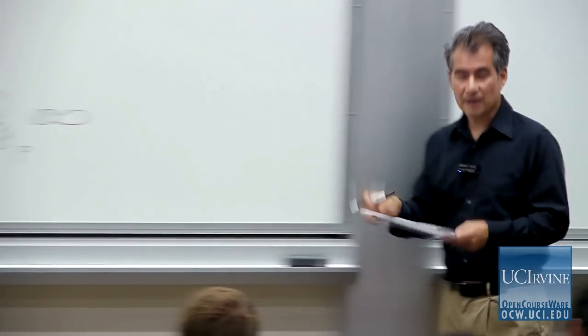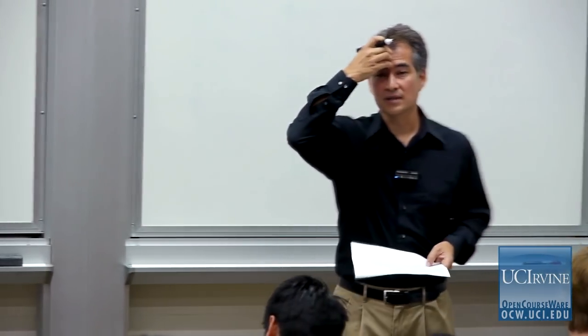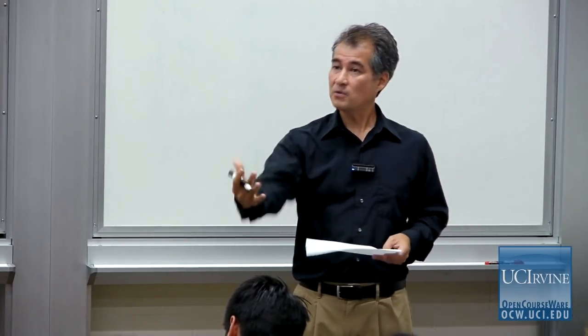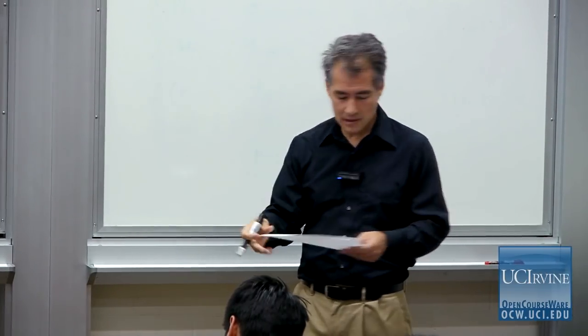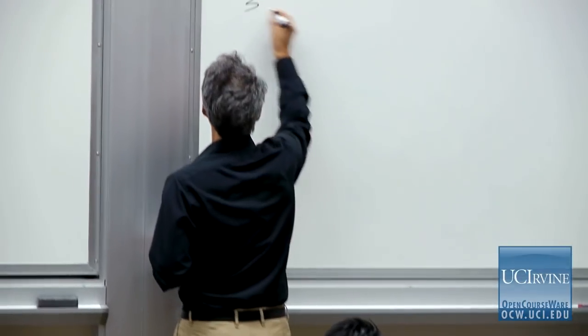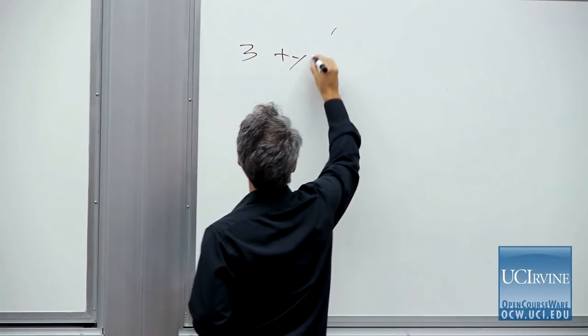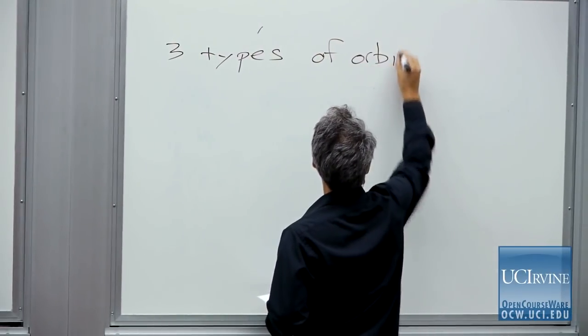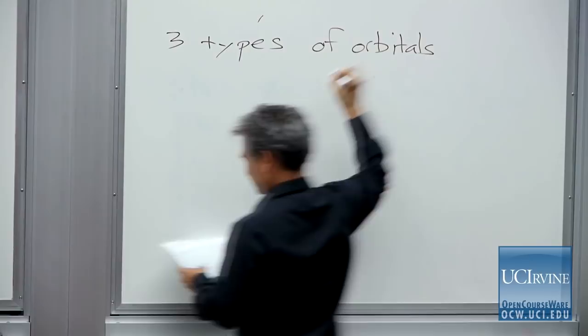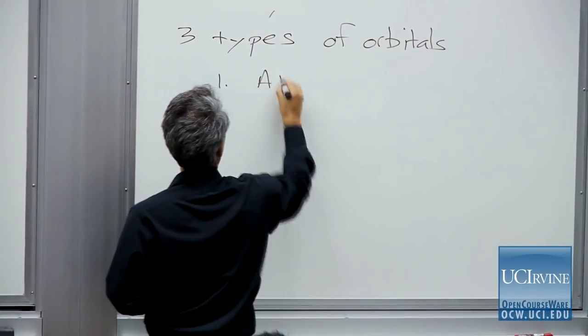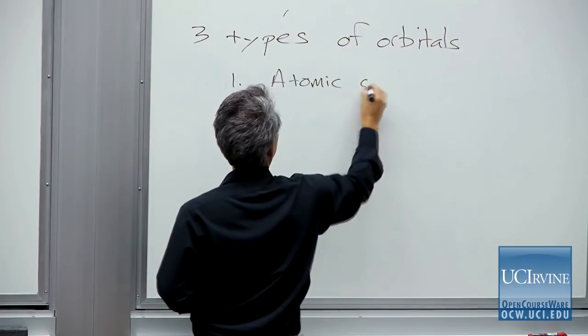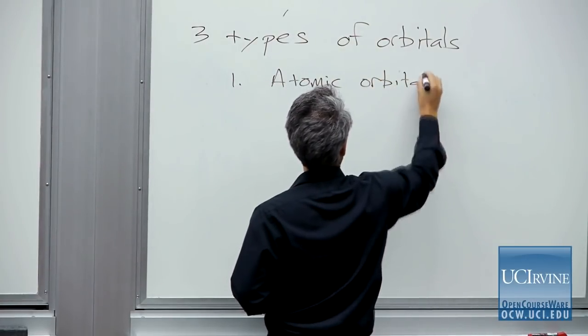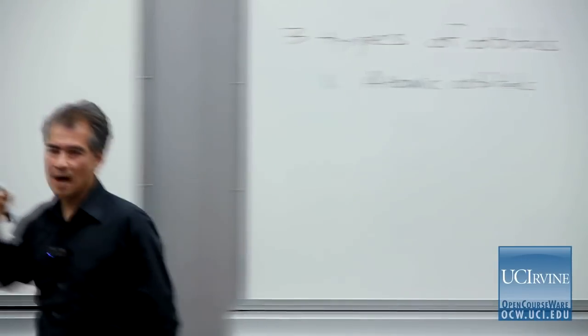Okay, so we're going to talk about 3 types of orbitals today. And it's supposed to be review for you. Supposedly these are ideas that you've already seen before. And so the intention is to review. So first we're going to review atomic orbitals.